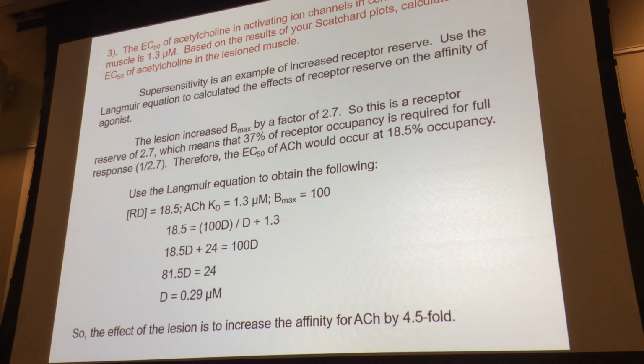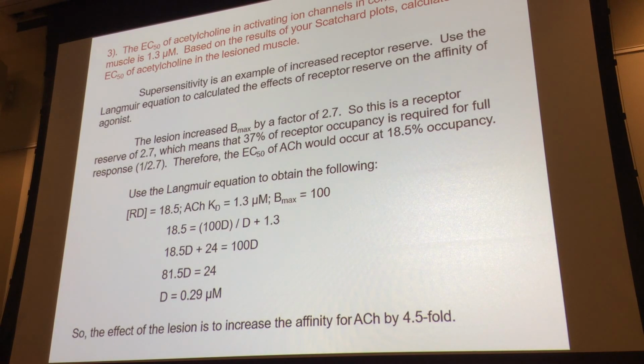And what we're saying is that if you increase the number of receptors, and each one of those receptors has the same affinity, by increasing the number, you increase the affinity of the agonist for the receptor. And that's why receptor reserve exists.